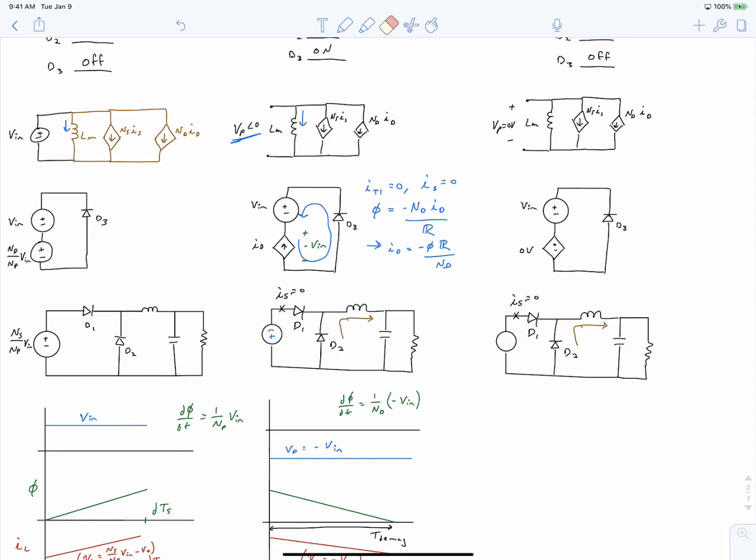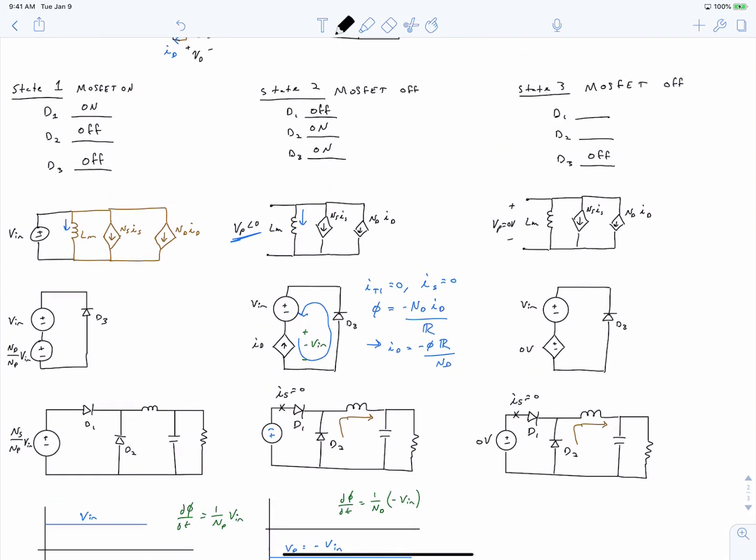So while we've labeled this voltage source as negative in the previous state, it now becomes equal just to 0 volts. Otherwise, everything remains the same. So in conclusion, diode D2 remains on, diode D1 remains off, and diode D3 is now off.